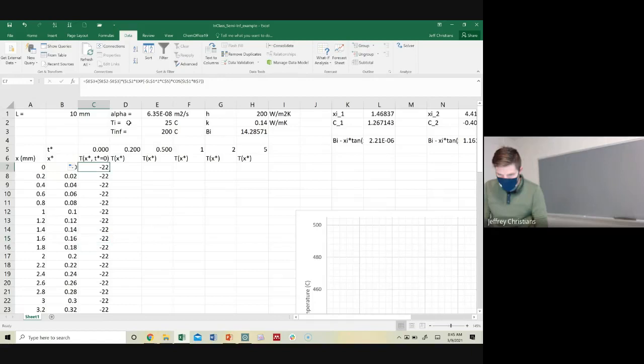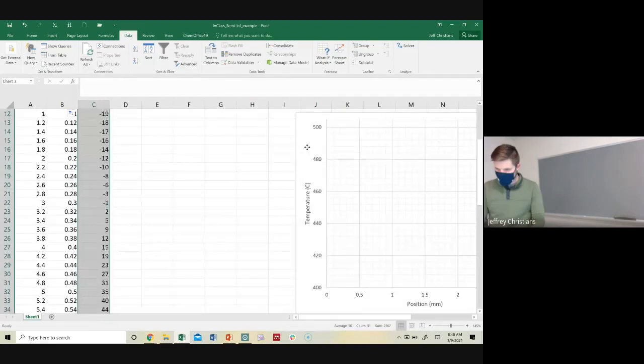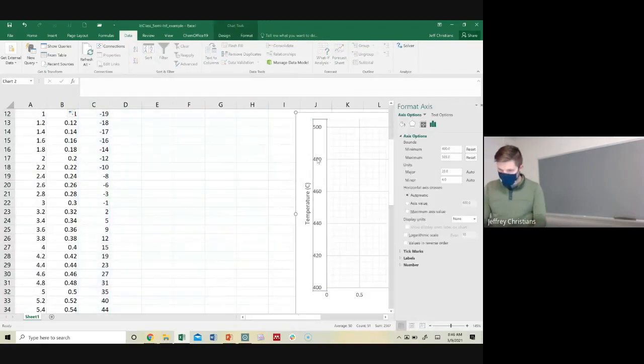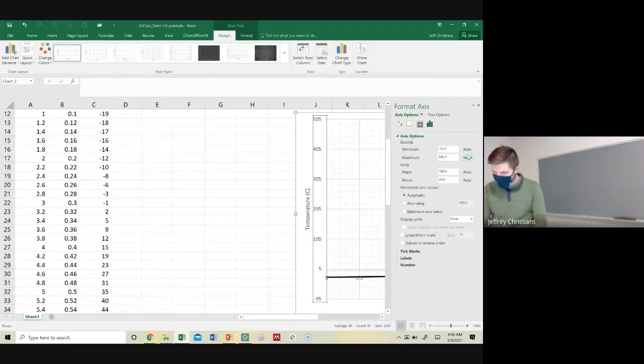I did it wrong. Okay, so that would be the first term of our system. I'm going to rescale these axes.